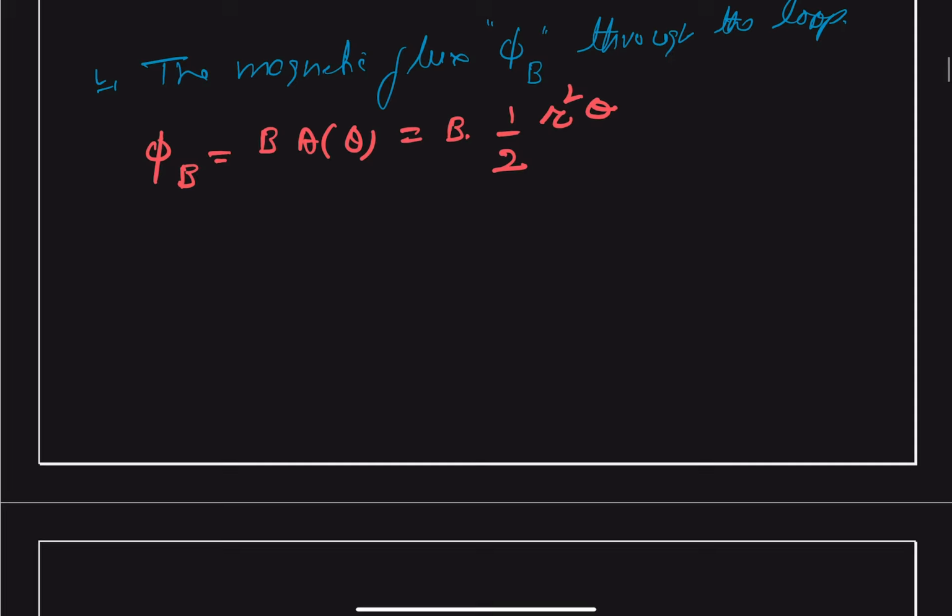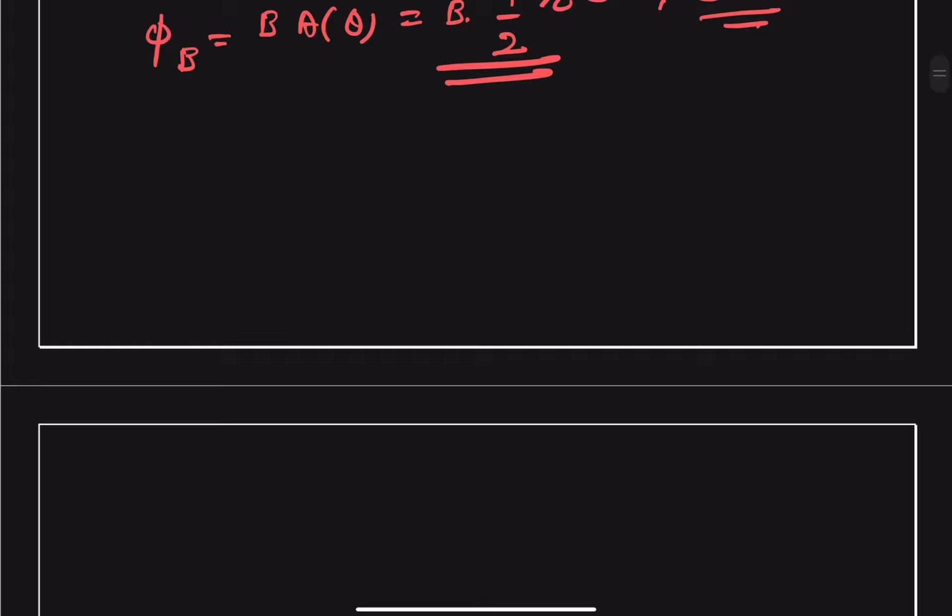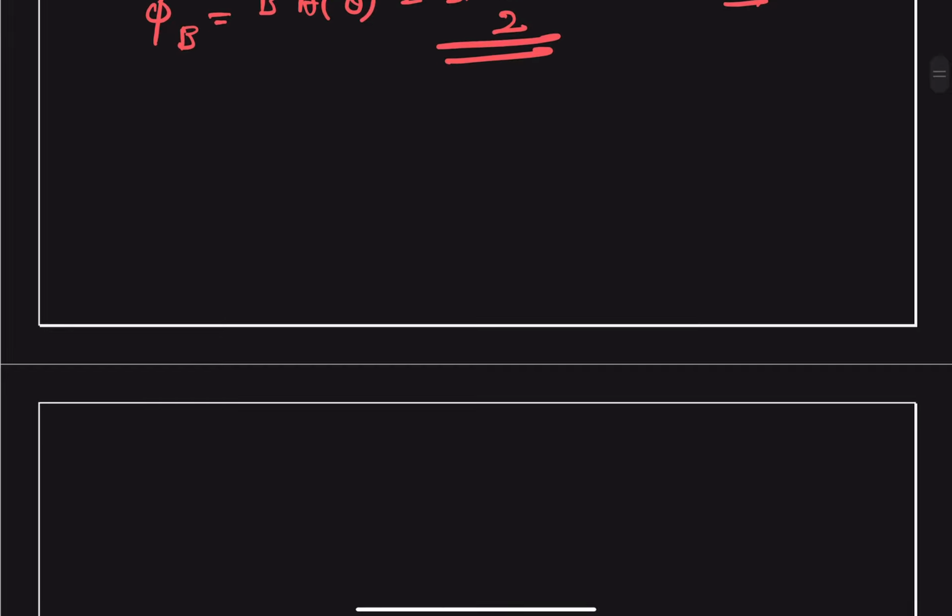So this is our magnetic flux, and we already know that theta is equal to omega t. So we substitute, and we get the magnetic flux phi B equal to half B r squared omega t. Now that we know the flux, we can find out the induced EMF.